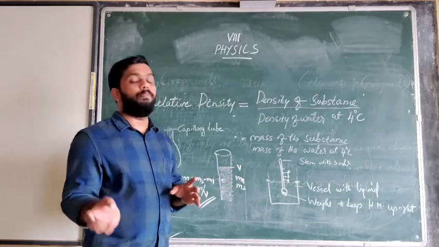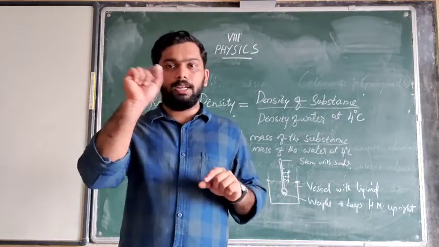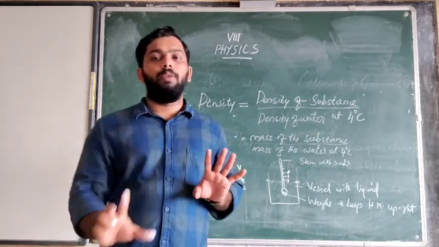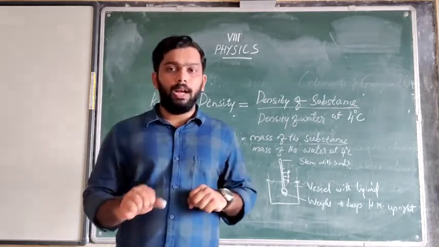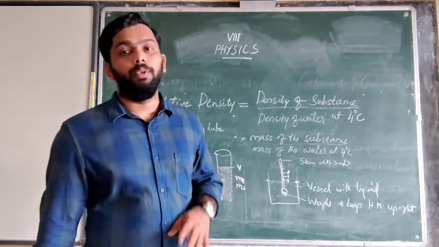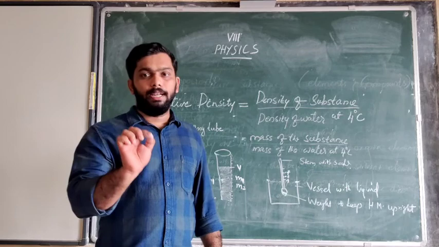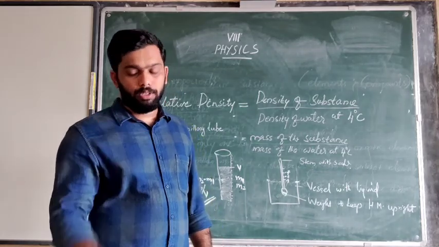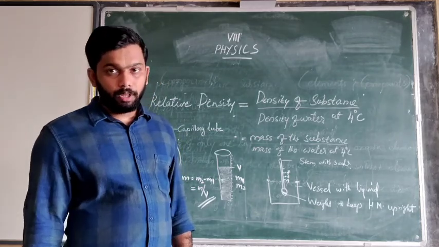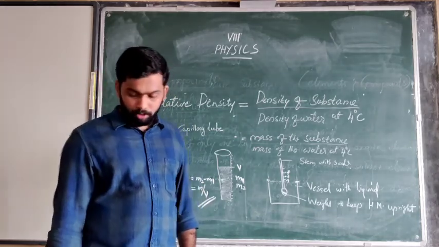Then, when you are pouring the liquid, the volume is marked on the side of the measuring cylinder, and that will be the volume of the liquid. Mass divided by volume gives the density of the liquid. And we know the SI unit is kilogram per meter cube.